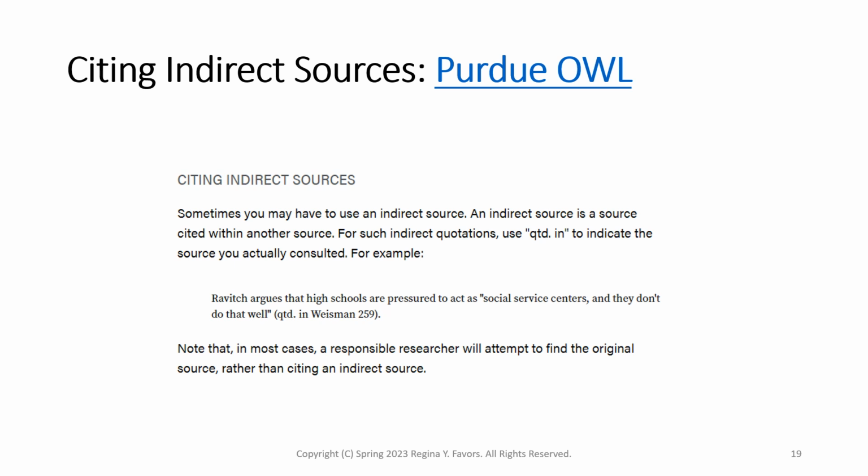That is quoted material, but that material was quoted in another article. So: quoted in Weisman 259. Note that in most cases, a responsible researcher will attempt to find the original source rather than citing an indirect source. Now remember, this "quoted in" is still formatted in MLA. You don't see a year there. That is Weisman 259, not Weisman 2006.